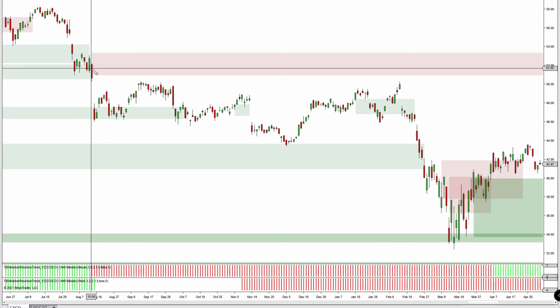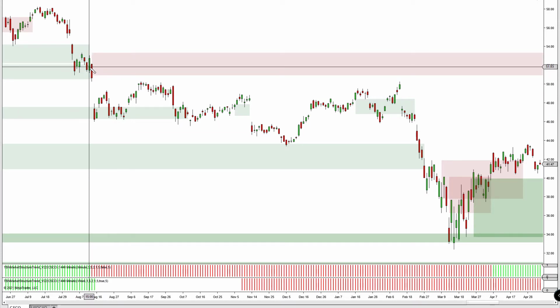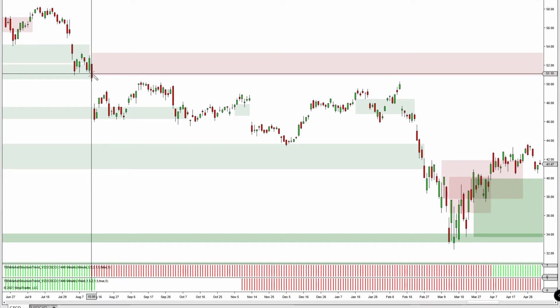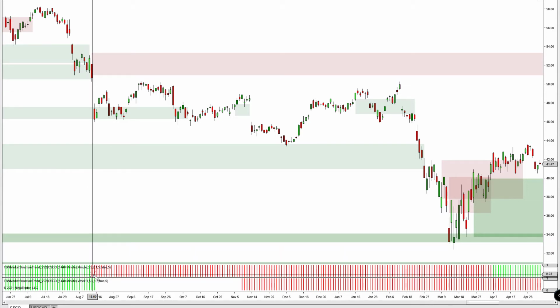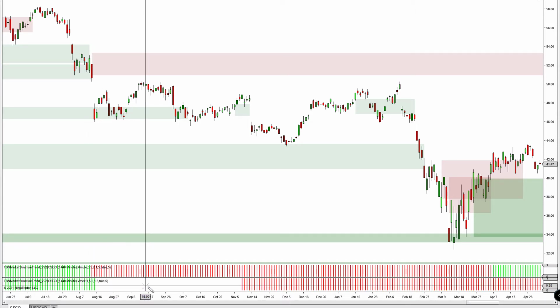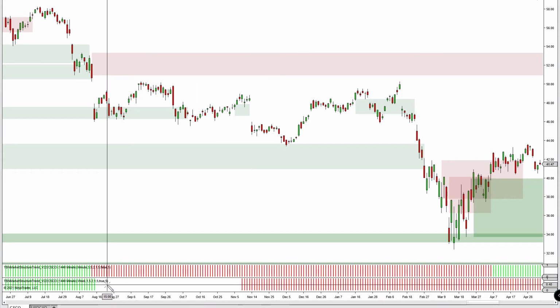Then once that zone is taken out, which happens right here, if there is a sell zone, then the trend is going to go to bearish. If there is no sell zone and there is no buy zone, the trend is going to go to neutral, which is what you actually see down here. And this is coming from the weekly.